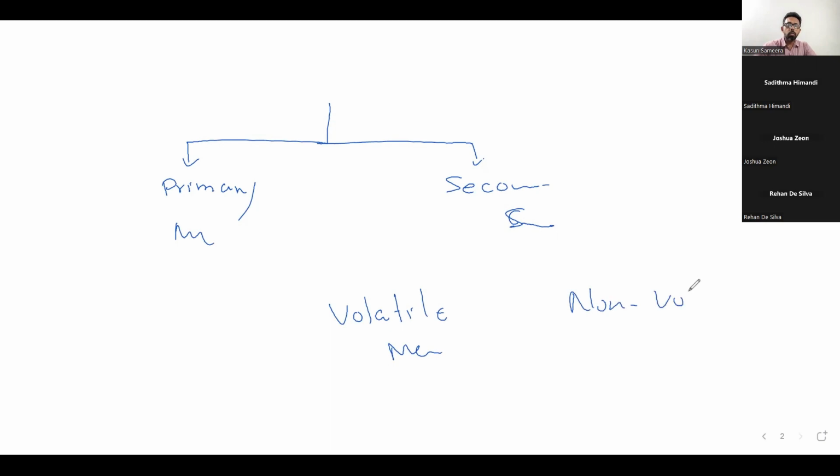What do volatile and non-volatile mean? Volatile storage or memory is going to be deleted when we switch off the device, shut down the computer, or stop the electricity supply. Whatever the volatile memory holds, it will keep inside the device only while we supply electricity. How do we stop it? We have to shut down the computer or switch off.